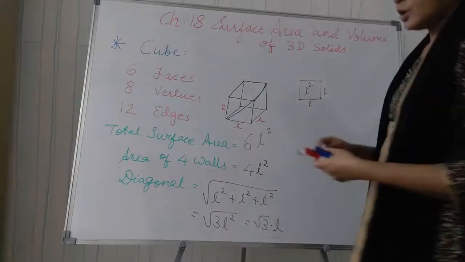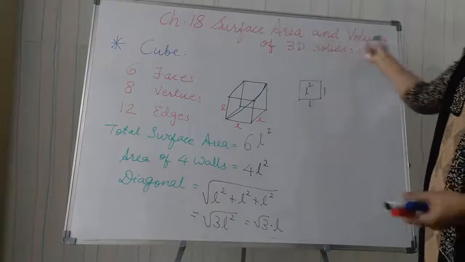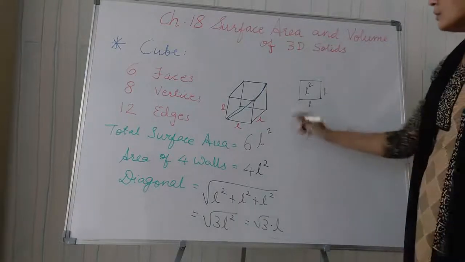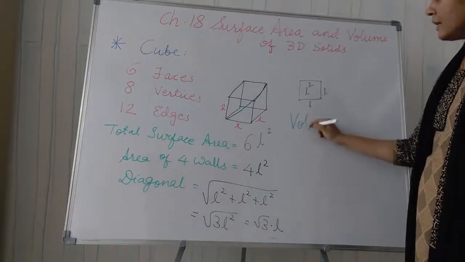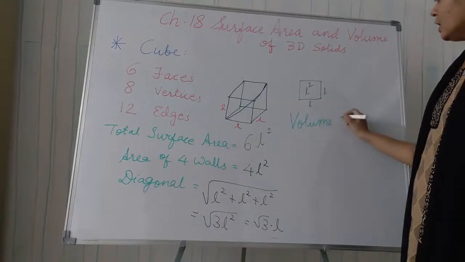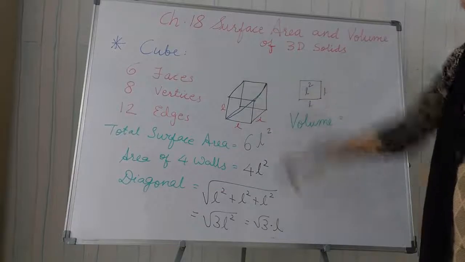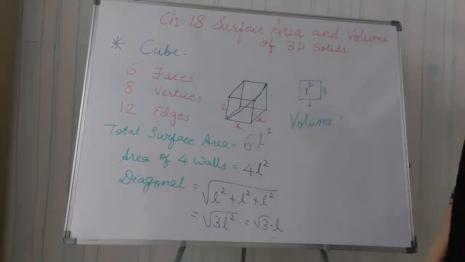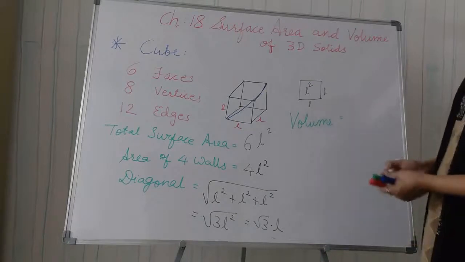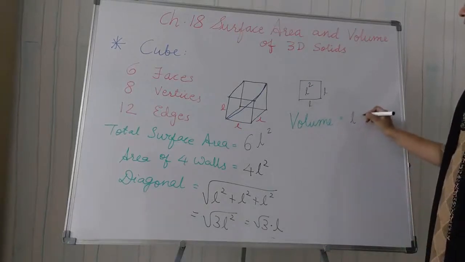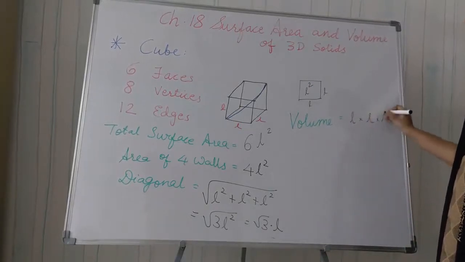Now let us move on to the next, that is the volume. Volume was already explained in the cuboid. Here in the cube, if you want to fill this space, we call it volume. That is also three-dimensional. So here we write L into L into L, 3 times.